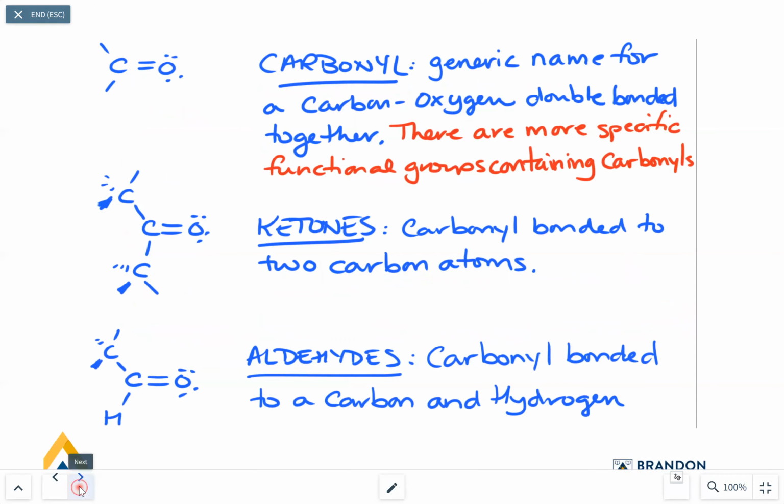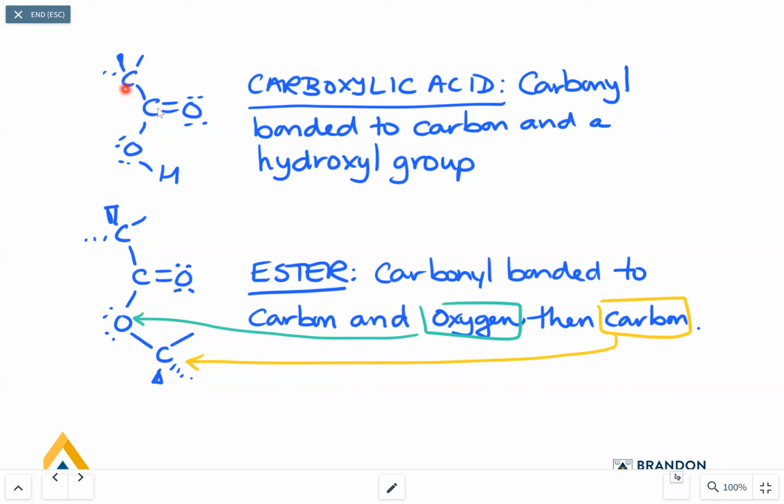In the case of an ester, you start with your carboxylic acid and you make it an ester. The only difference is, of course, that there's a carbonyl in between there. So carbonyl, replace this H with the carbon, you've got an ester.